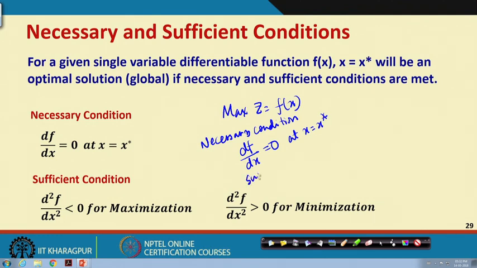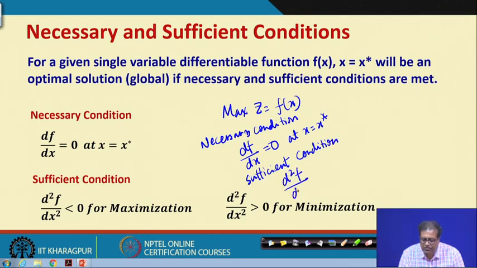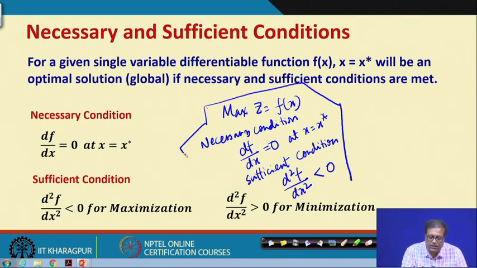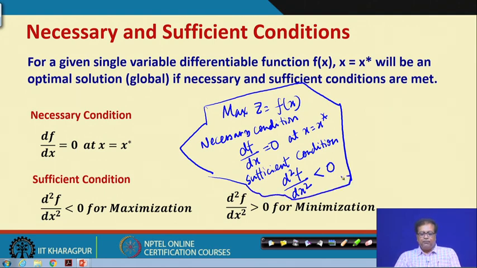unless it also satisfies the sufficient condition, that is, the condition of sufficiency: the second derivative should be negative. This is what happens in case of a maximization problem. What will be there for the minimization problem?